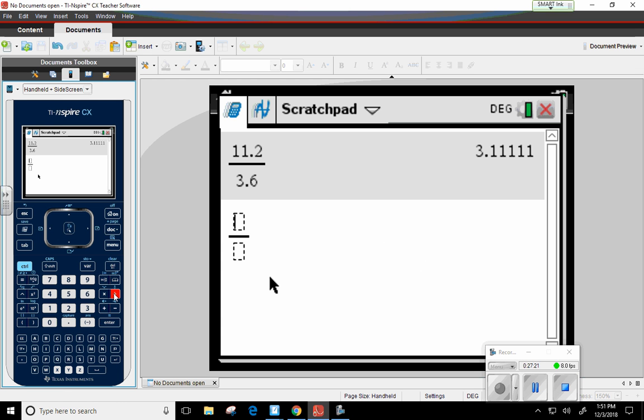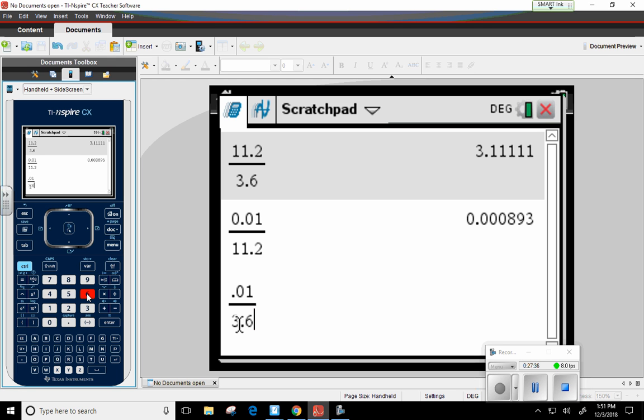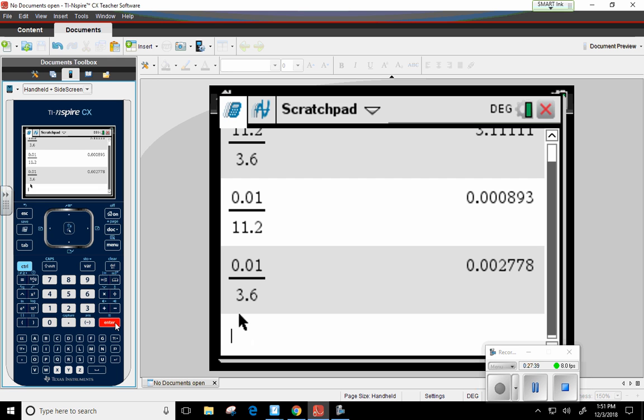So control divide, we got 0.01 divided by, what was it, 11.2? Okay, so that's what I got for that one. Control divide, 0.01 over the 3.6, right? Correct? Okay. So there we go. I'm going to add those up. So I'm going to take enter plus.